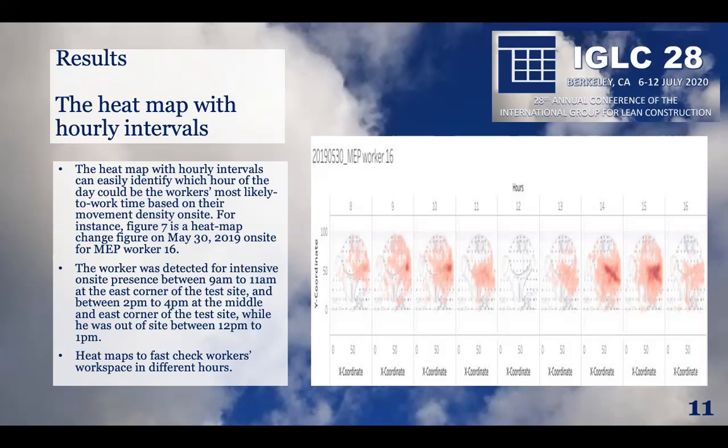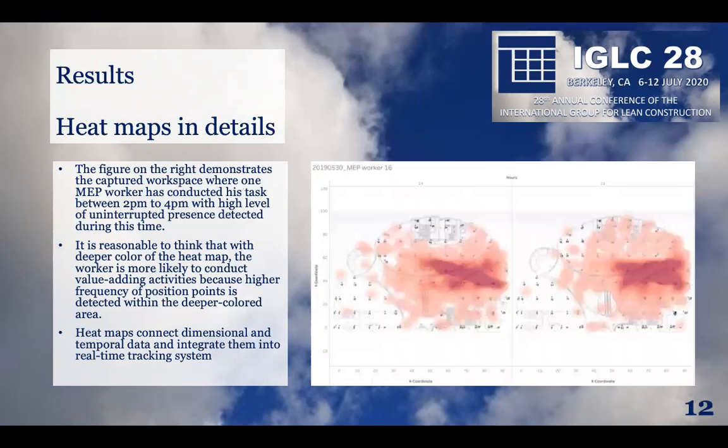So the heat maps can be used to quickly check workers' workspace in different time intervals and during different hours. And then we tried to generate the heat maps in more detail.